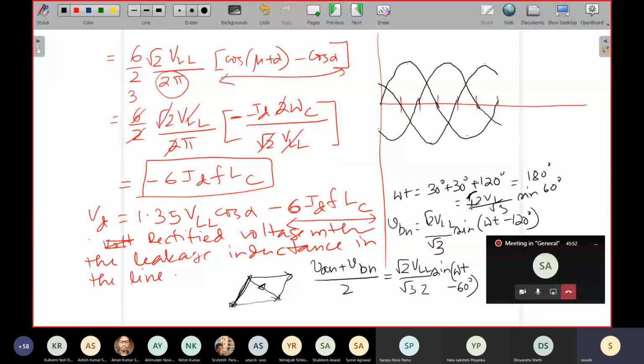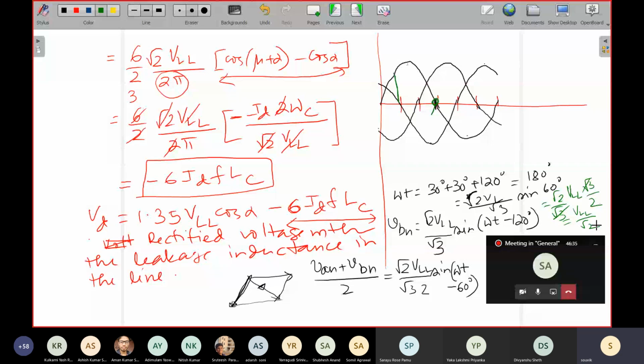This is the magnitude of the voltage when the rectification is happening. So at this instant the output voltage should have this value, root 2 by root 3 into VLL into root 3 by 2. This cancels, and its magnitude is VLL by root 2. That is the magnitude of the rectified voltage that should be the output.